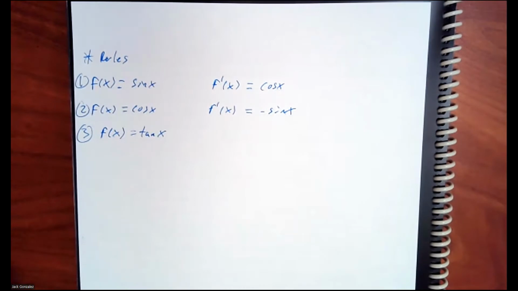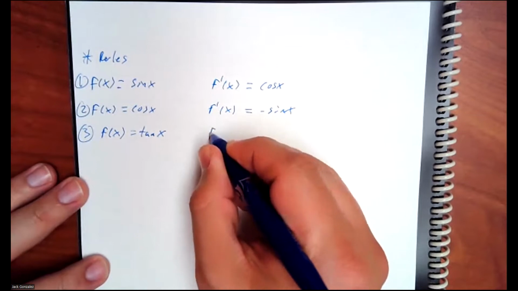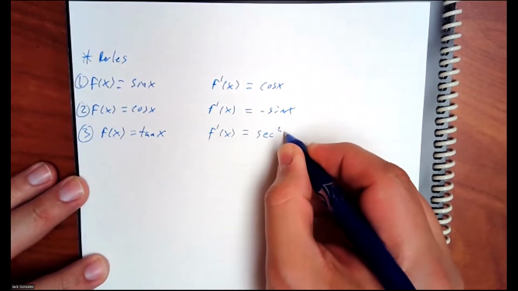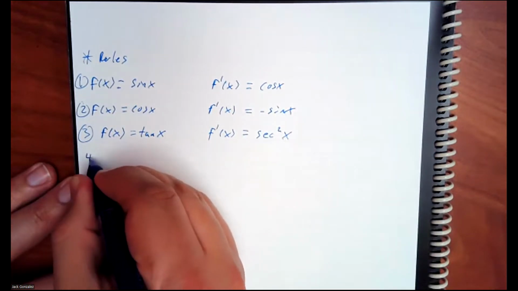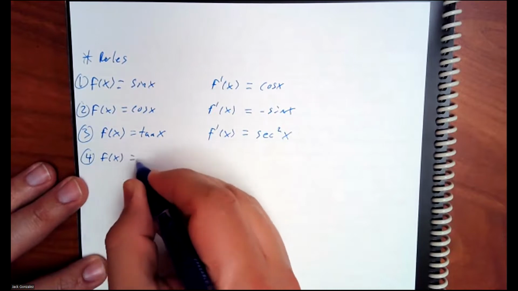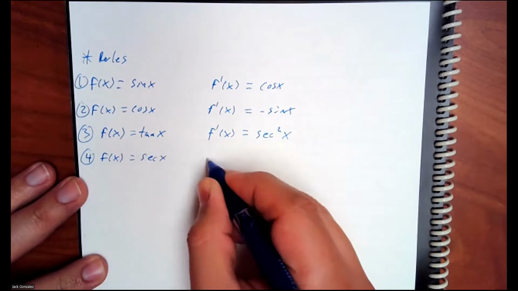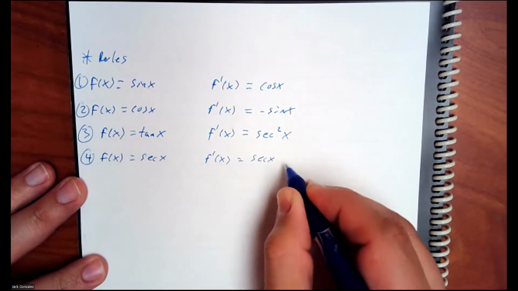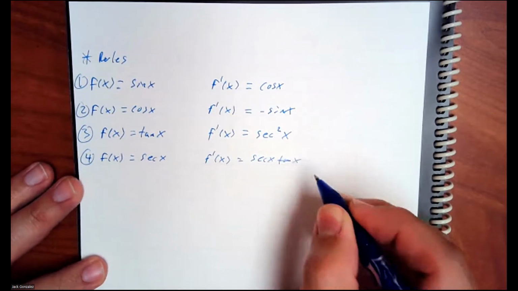Okay, f is tangent. Derivative is secant squared x. Isn't that cool? If it's secant, the derivative is secant x tangent x.